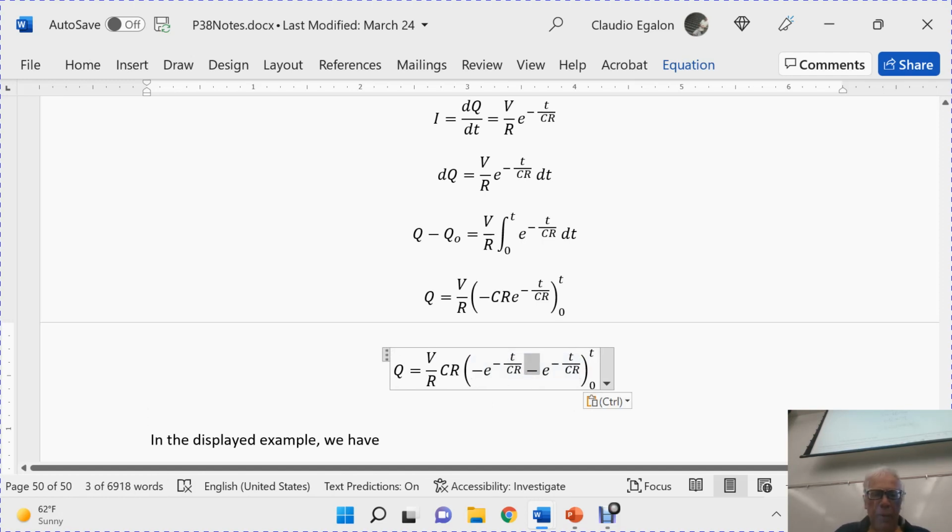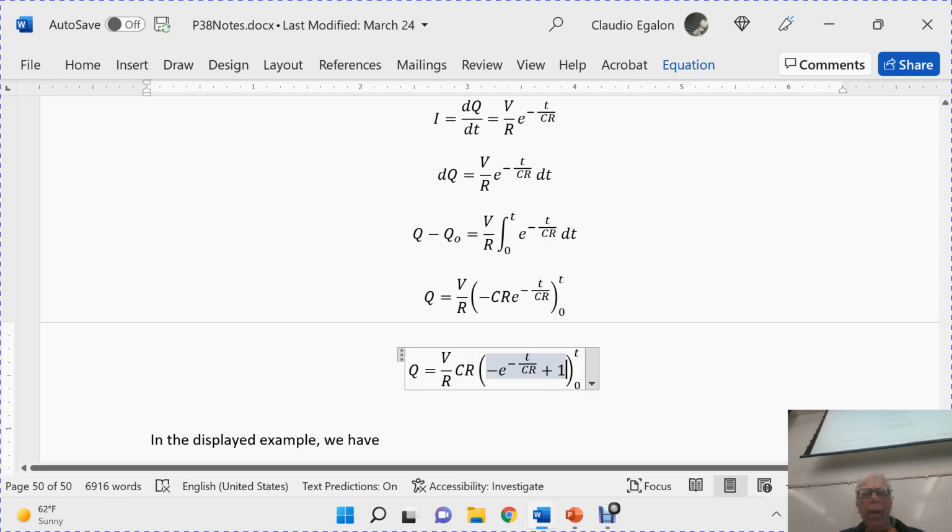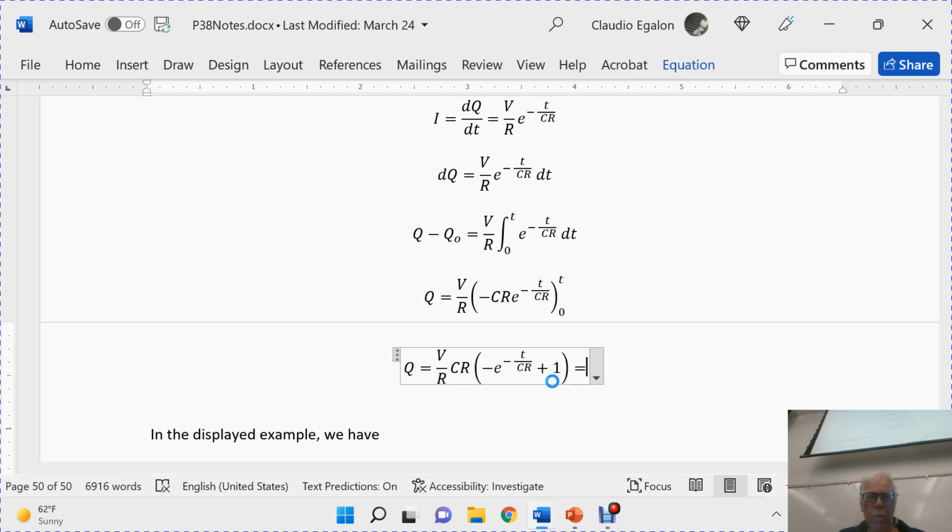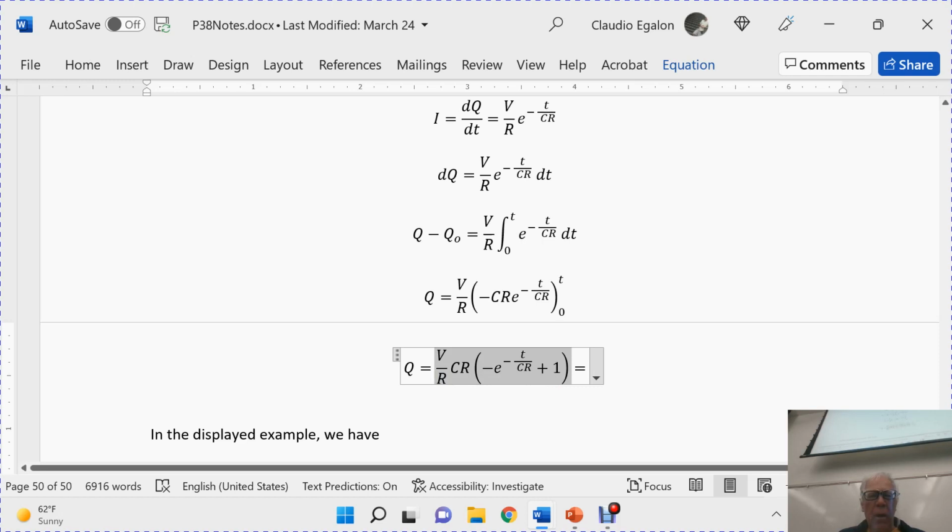Minus becomes plus. Apply t equal to 0. Exponential to 0 is 1. One more step. I don't need the limits anymore because I already applied them. The R cancels out with the R.